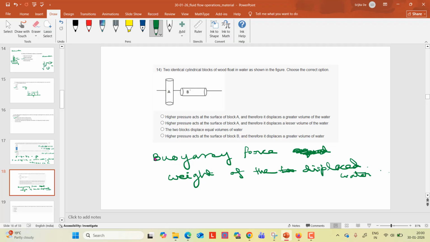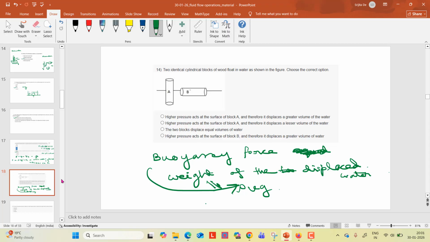So here in this case you can see that the volume of both A and B will be same, right? And the fluid is same. Here in this case it is water, right? So this weight will be same for all. The buoyancy force will be rho into V into g, right?